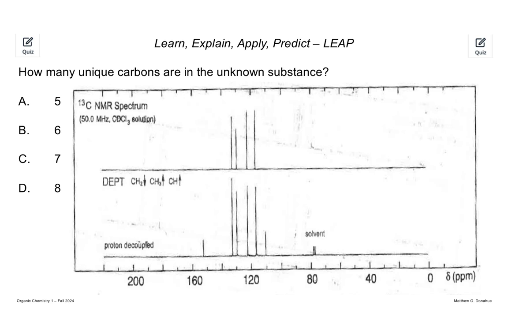And then I showed you last time this other thing called the DEPT, where it's stacked above the carbon NMR. And the phasing is odd. So CH3, CH are phased up, CH2 is down. So when you look at that, you can say there's no CH2s in this molecule.